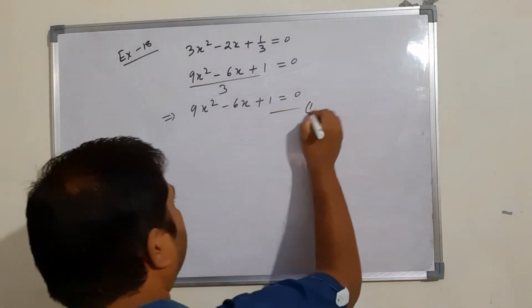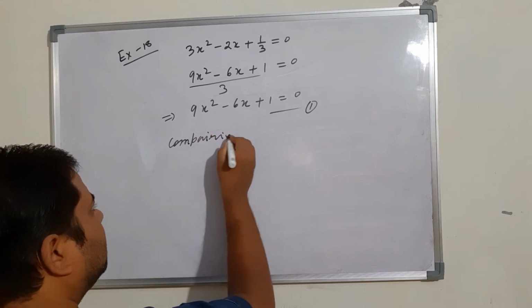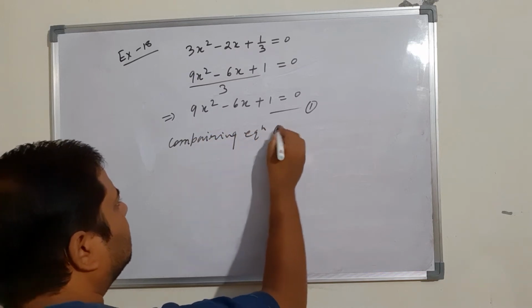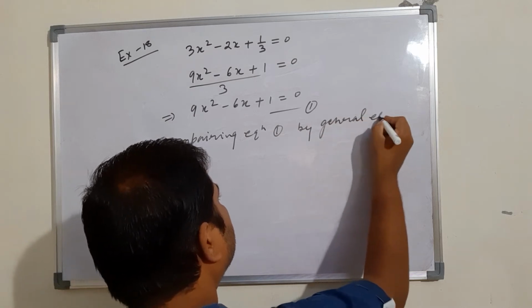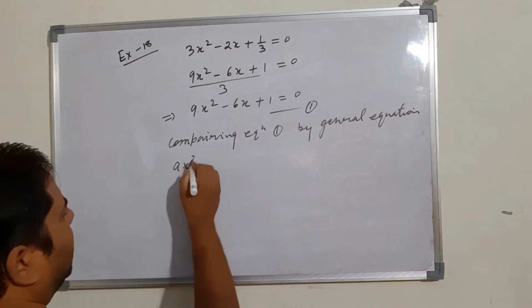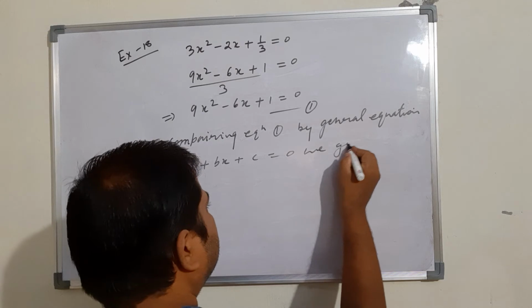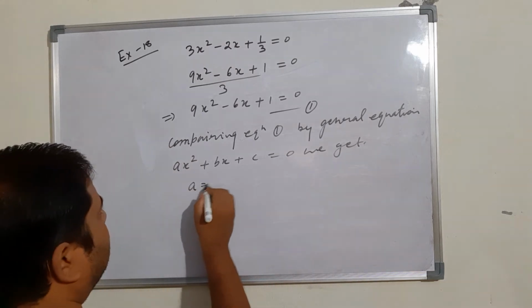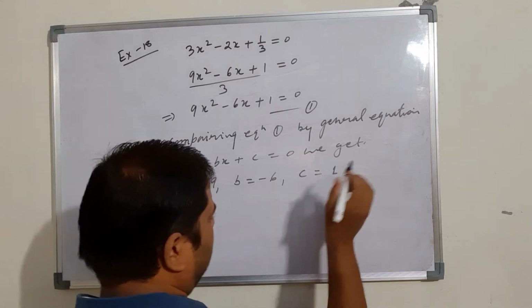So comparing equation 1 with the general equation ax square plus bx plus c is equal to 0, we get a is equal to 9, b is equal to minus 6 and c is equal to 1.